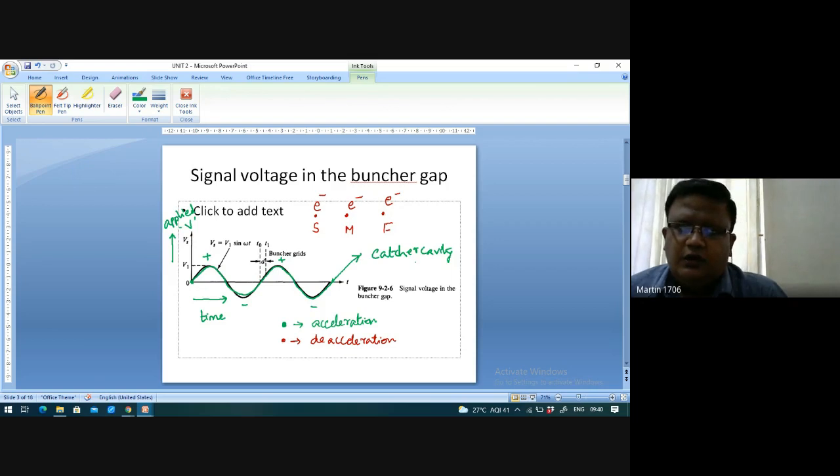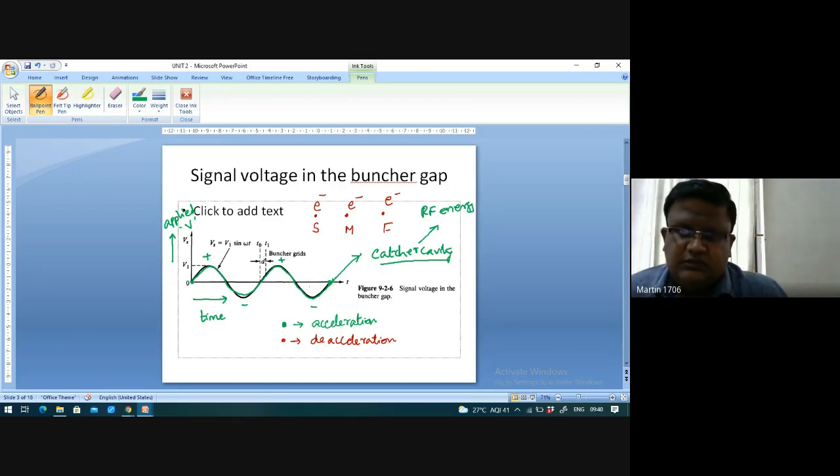All the electrons are at this unit only, so that is where we get the RF energy or RF signal. It is collected at this point.